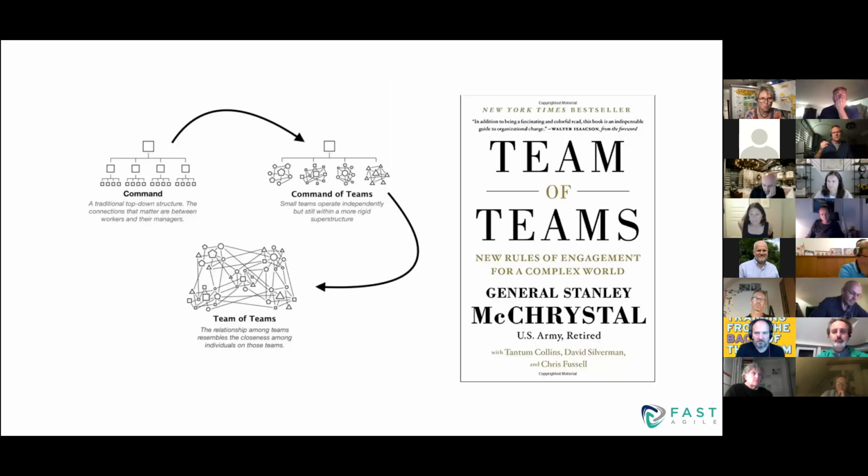Those three images that I showed previously come from this book, Team of Teams, which when I read it, I thought, this really captures exactly what we're trying to do. I'll just summarize the book: General Stanley McChrystal said we need to break these silos. He had Marines, Army and Green Berets in a situation in Afghanistan, heavily siloed and not talking.